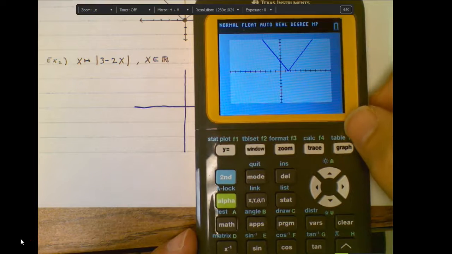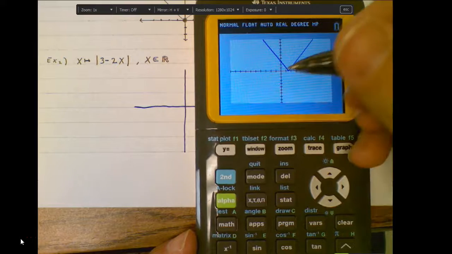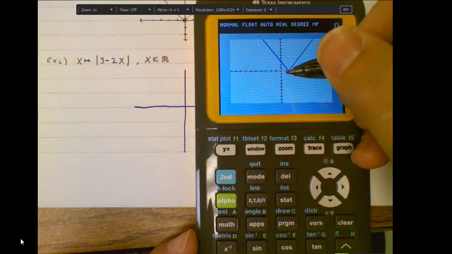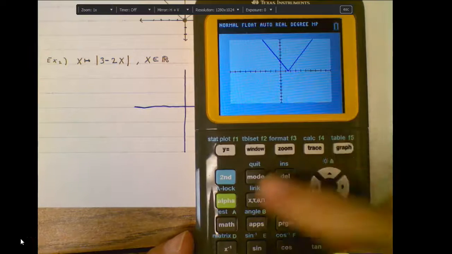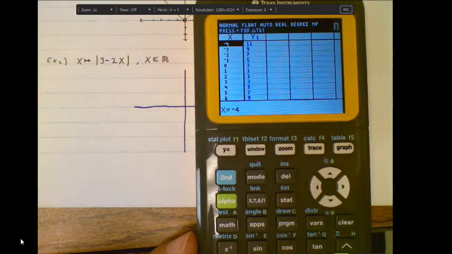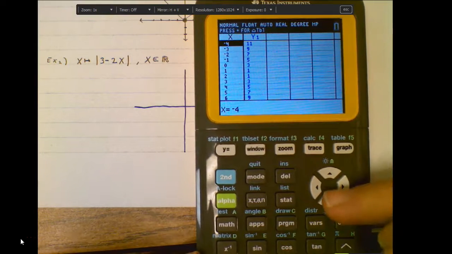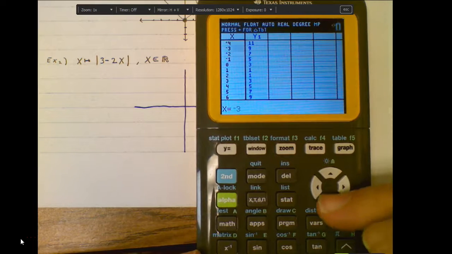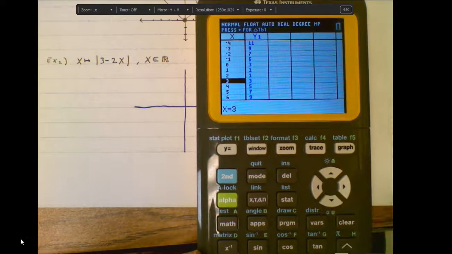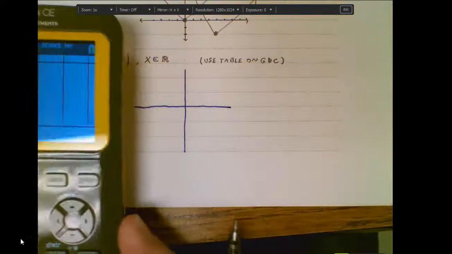For this one, just for accuracy's sake, I would go to the table and plot a few points that way, I can see that my vertex is in between 1 and 2. And so that's something I'll still do by hand. But I can go to my table, and I have unlimited points that I could plot on my graph. And so I'll just do a few that are here in the middle as far as plotting those points.